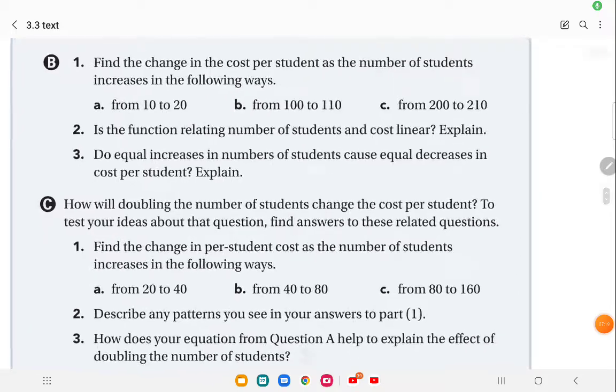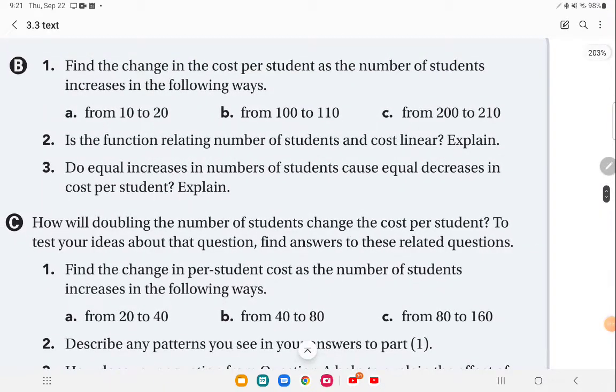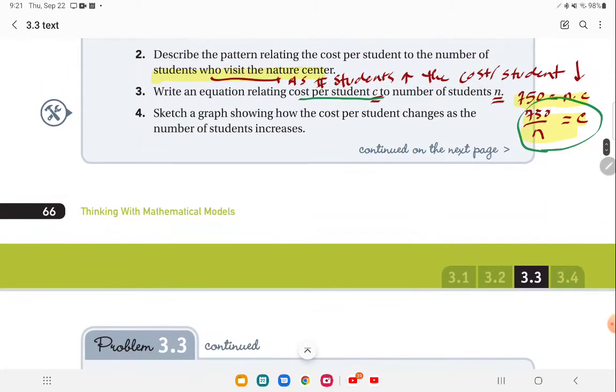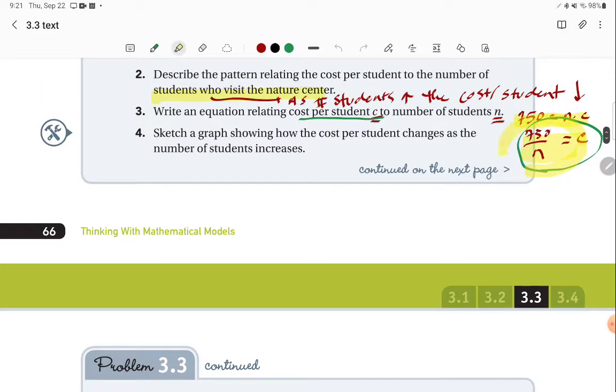Go ahead and try B on your own. You're finding the change in cost per student as the number increases. So from 10 to 20, right? For example, when it's 10 students, to find the cost per student, like we did up here, you would take 750 divided by that number of students.